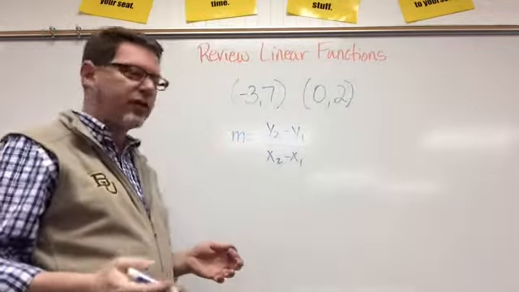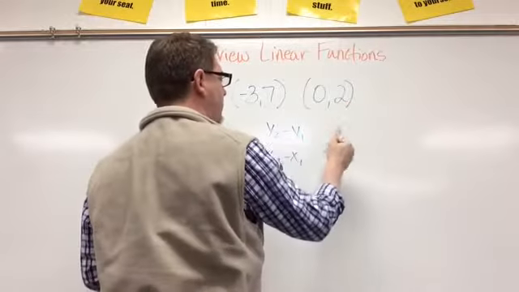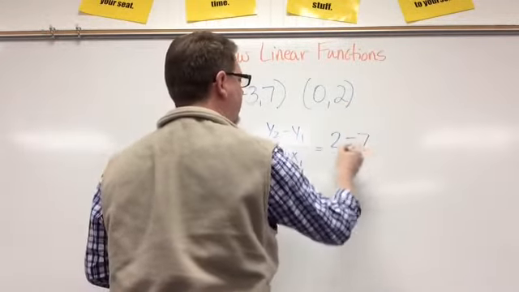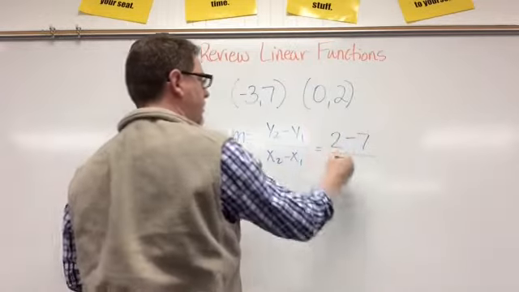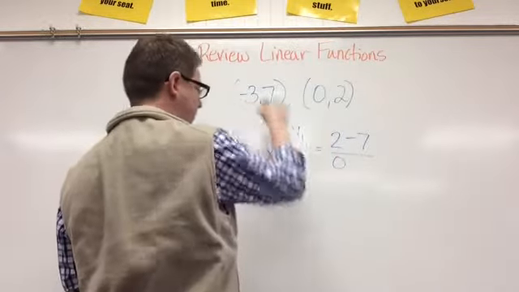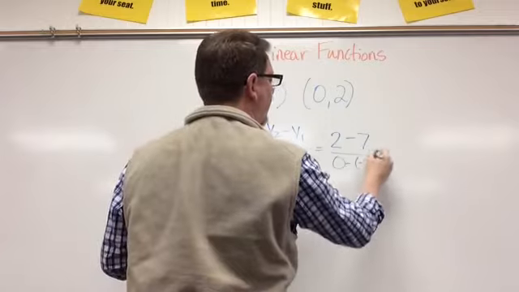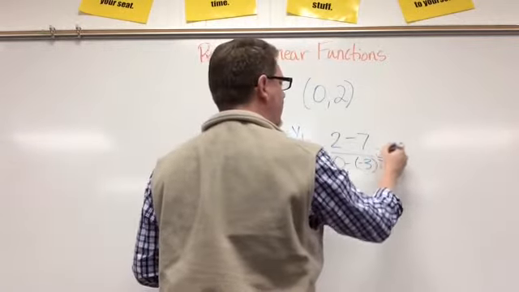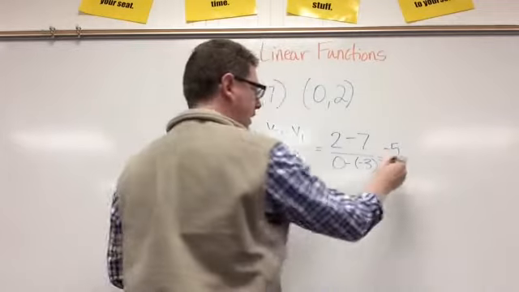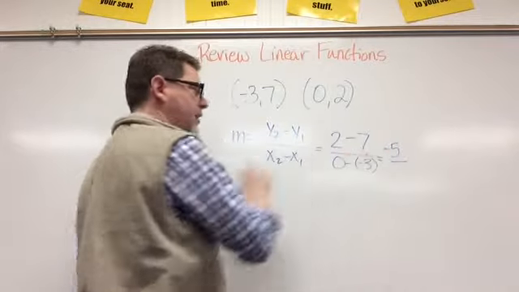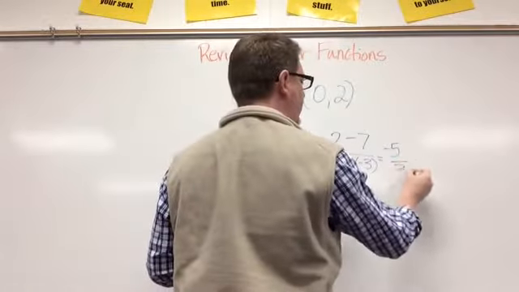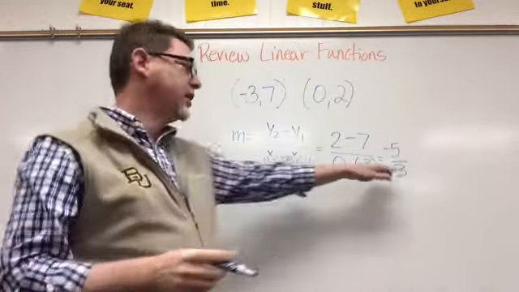And I'm just going to plug in those numbers. y2 in this case is going to be 2 minus y1, which is 7, over x2, which is 0, minus -3. And I know that 2 minus 7 is -5, and 0 minus -3 is the same as 0 plus 3, so that's 3, so my slope must be -5 over 3.